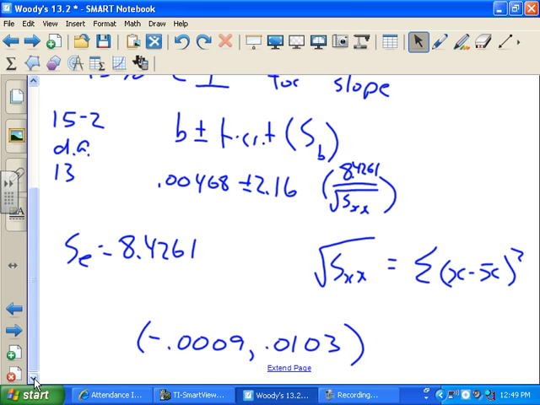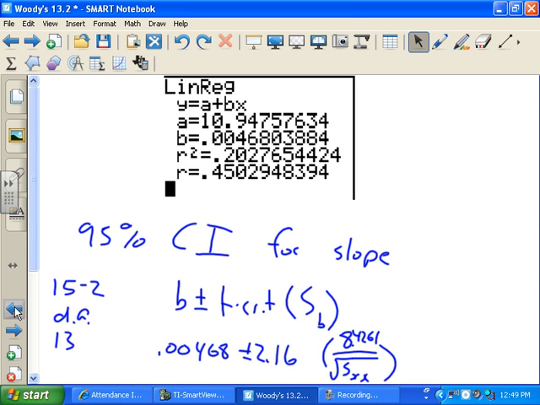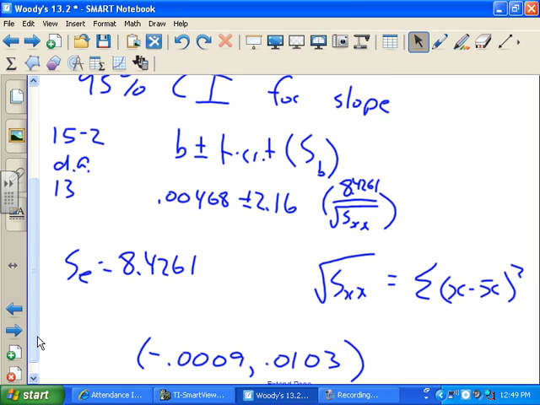I don't think I'm going to have you do that. I might provide you what SXX is, and if I do give you SXX, then I expect you to be able to calculate that. That came out to be a really big number. I don't want you to calculate that, but I want you to be able to take that number and divide it by that number. Does that make sense?